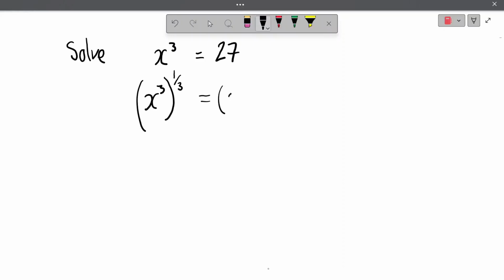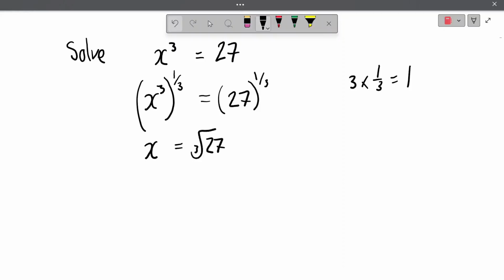Then the whole of the other side, you do 27 to the power of a third. The 3 times a third is 1. So what we end up getting on this side is x to the power of 1, which is just x. Now 27 to the power of a third is the same as the cube root of 27, which is 3. So something cubed was 27, well that obviously was 3.